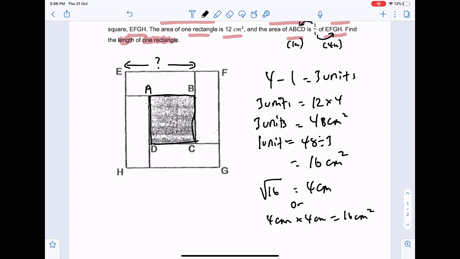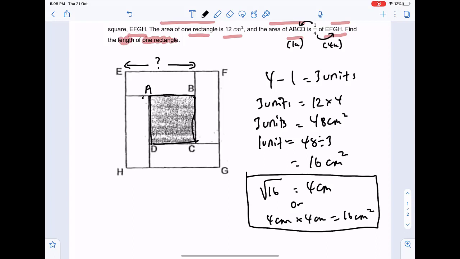If you understand the square root method, you can do it that way. Or ask yourself, what times what gives me 16? So over here is 4 cm. At the bottom here, also 4 cm. So we now know the length of the smaller square.